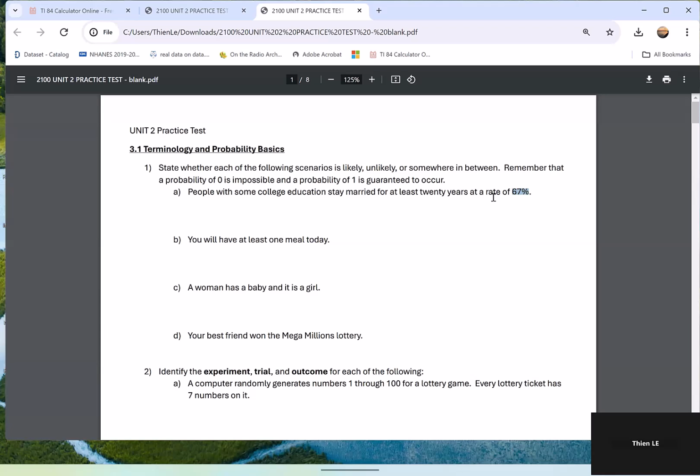The probability that a person with some college education stays married for at least 20 years. In this case we are on the high side, but not sure. We are more than even chance. So 67% here should be likely.